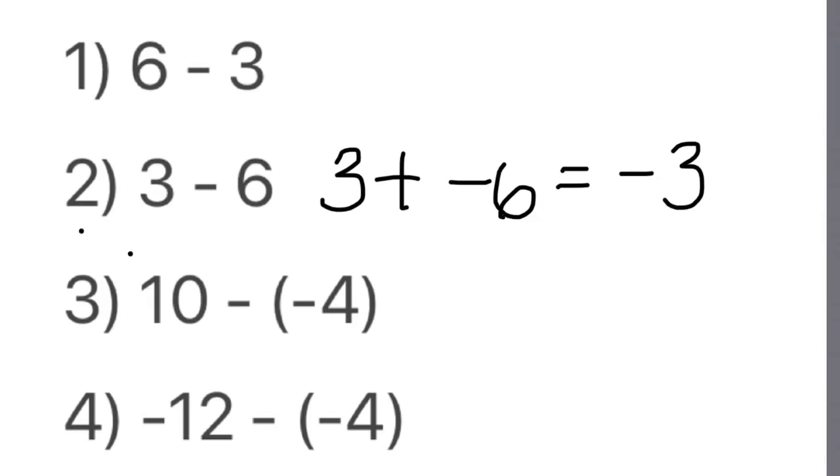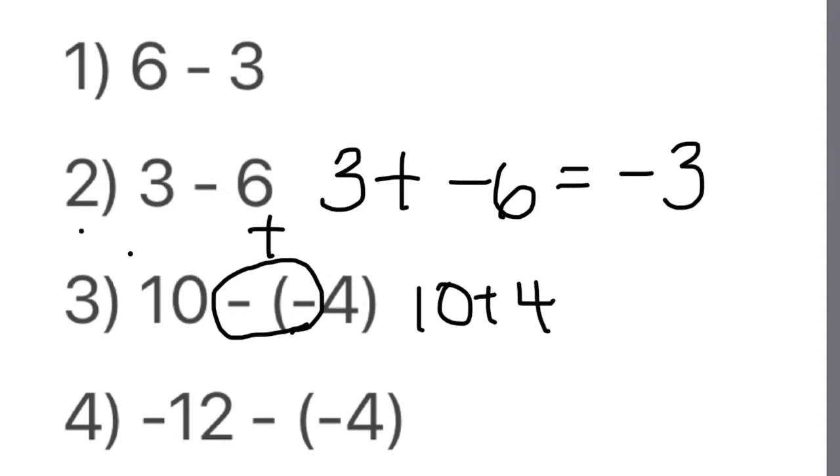On number 3, you can use the strategy where you have a negative and a subtraction sign right next to each other. We know that that's addition. Whenever you subtract a negative, you are adding. So this is the same as 10 plus 4.